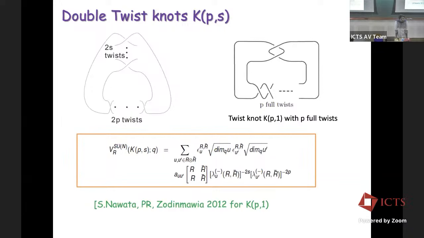Correct. Is it possible that some knots which are distinguished by the symmetric representation are now not distinguished by this mixed representation? I don't think it will happen, but I can check it. I'm sure we worked out all the polynomials for mixed also. The question is whether there is something which can be called the best representation.